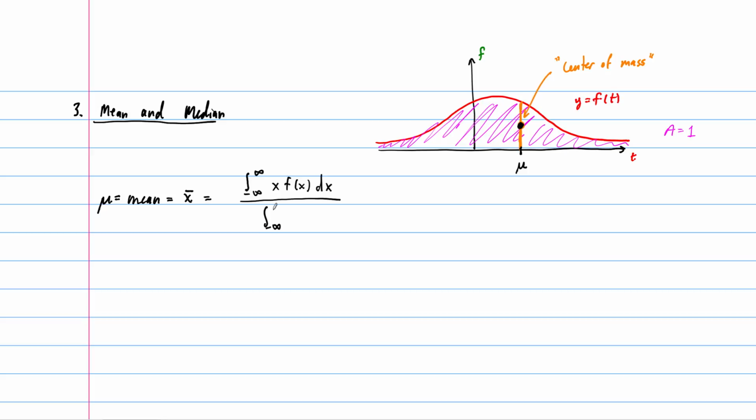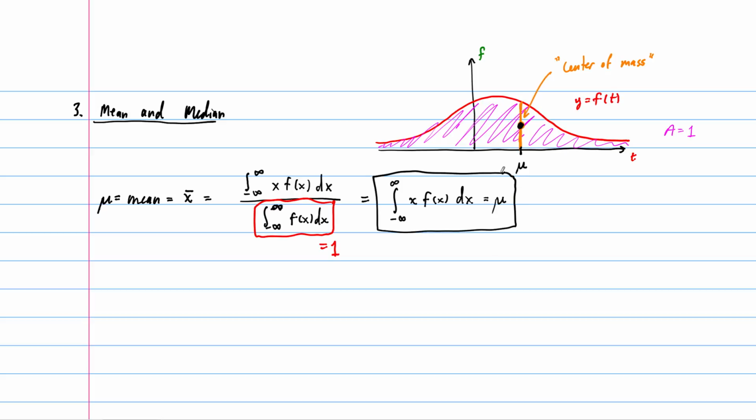So this is the integral from negative infinity to infinity of just f of x dx. But with our probability density function, what do we know about this integral? This integral has to be 1. So actually the mean is simply the integral in the numerator: the integral from negative infinity to infinity of x times f of x dx is equal to mu.